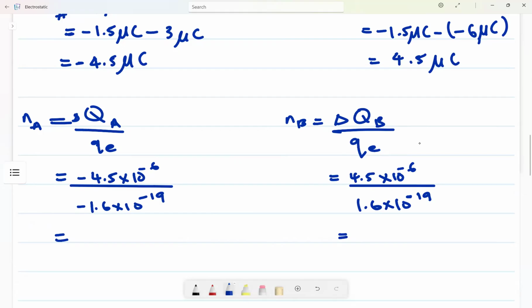Let me punch my calculator and see what we get for both. It is 1.6 times 10 to the power of negative 19. So you get something like 2.8125 times 10 to the power of 13. You should say that these are electrons. Remember, the value should be the same for both of them.